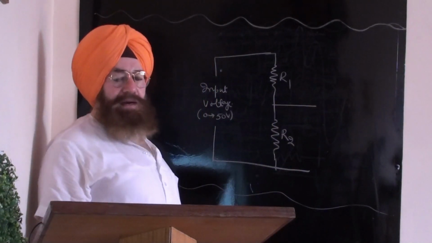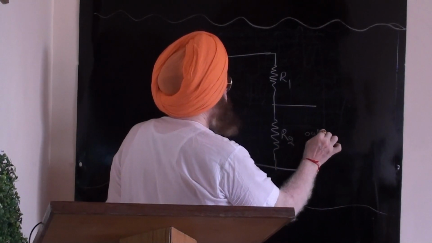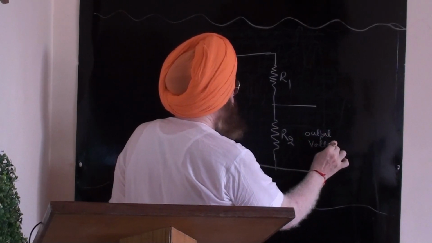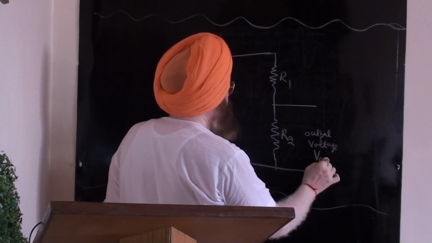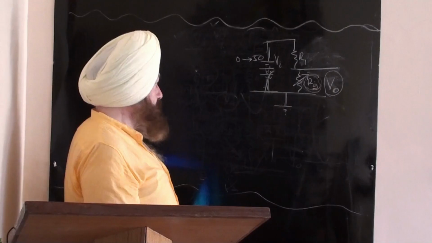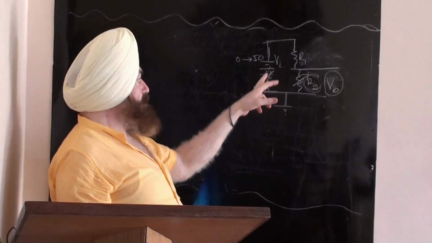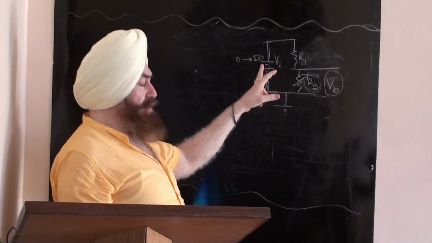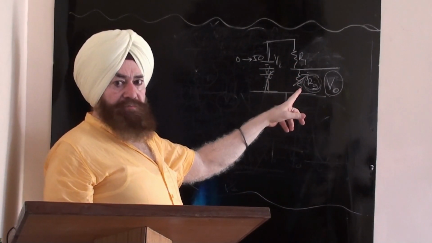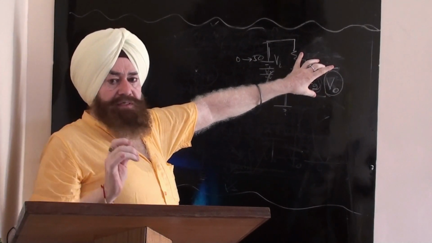I get an output voltage across here, that is V0. This input voltage is Vi. As I already explained, this is my input voltage, 0 to 50 suppose, connected with the two resistors R1 and R2. Across R2, I am getting the output voltage.